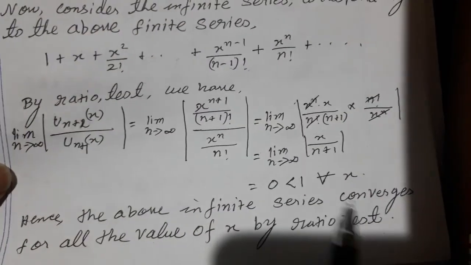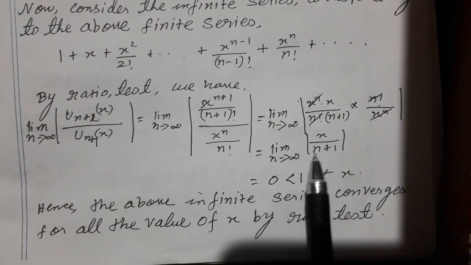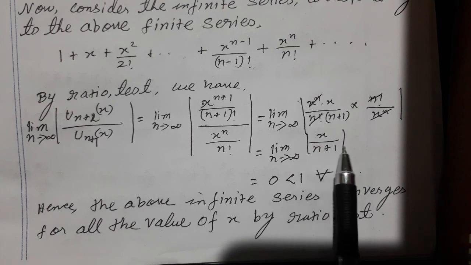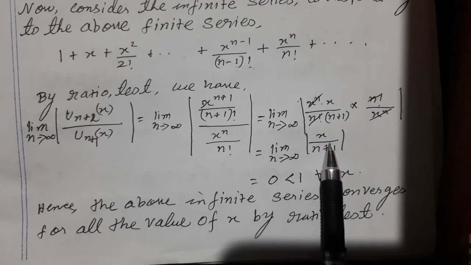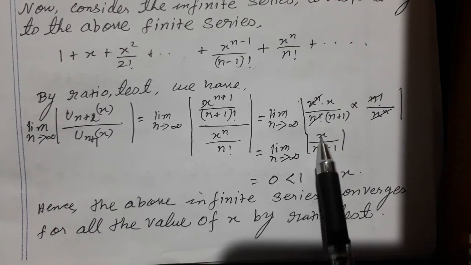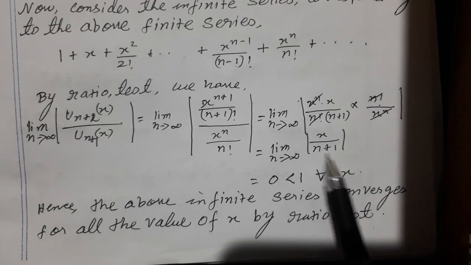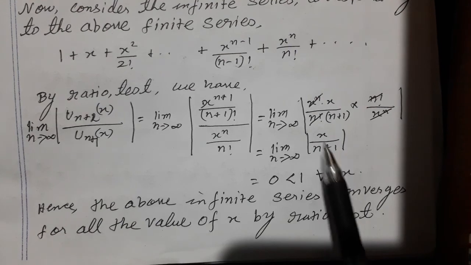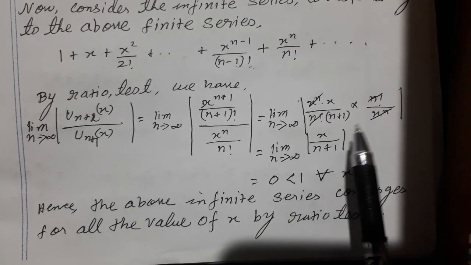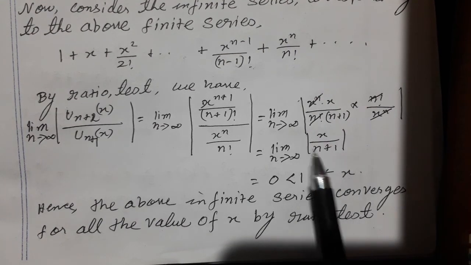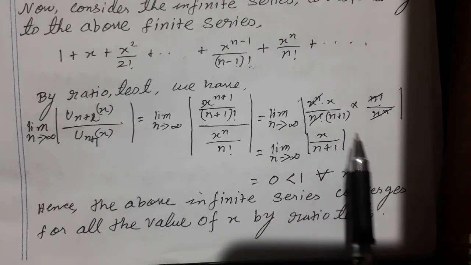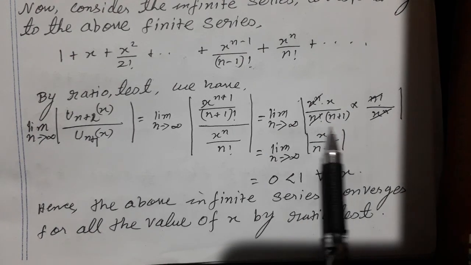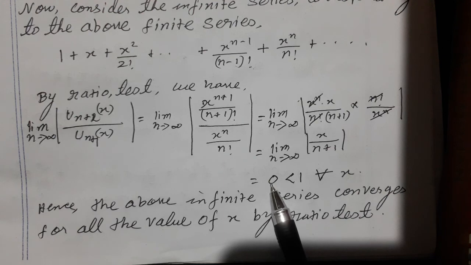Now as n tends to infinity, this becomes bigger and bigger, so it approaches infinity. Anything divided by infinity will become smaller and smaller, and finally it will approach 0. So the limit of this as n tends to infinity is nothing but 0.